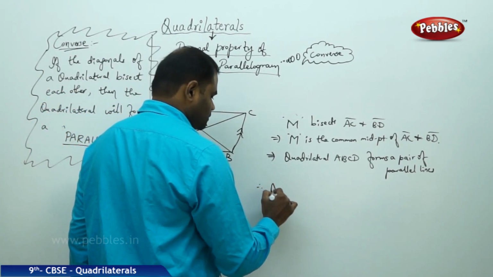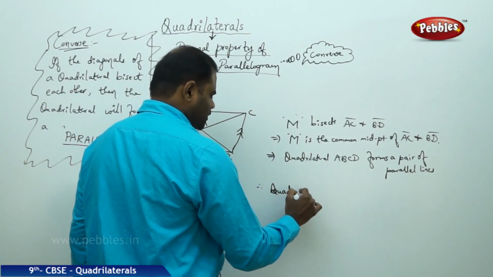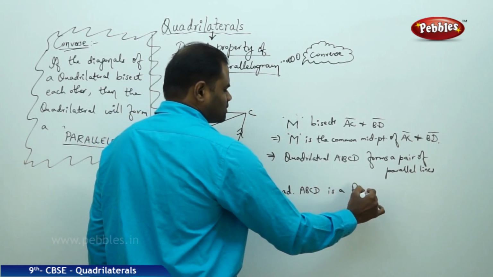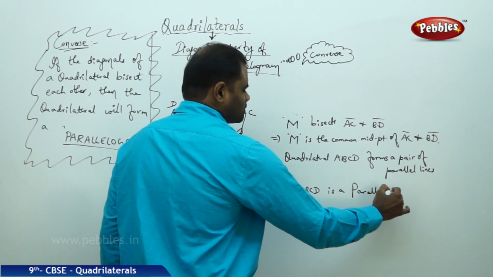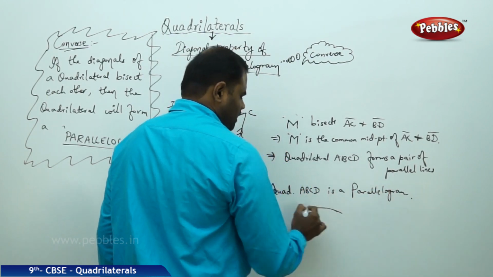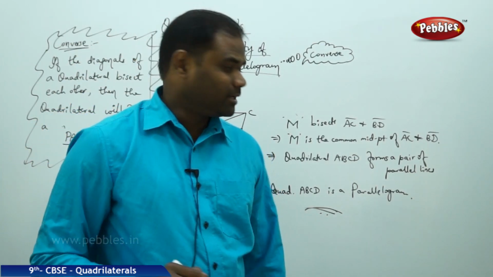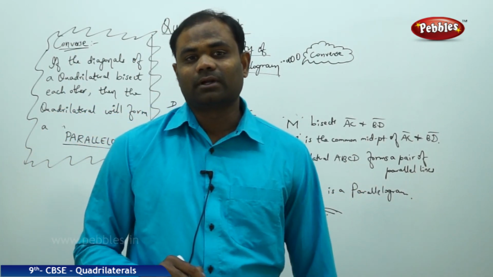Therefore, quadrilateral ABCD is now called a parallelogram. Now I can call my quadrilateral ABCD a parallelogram.